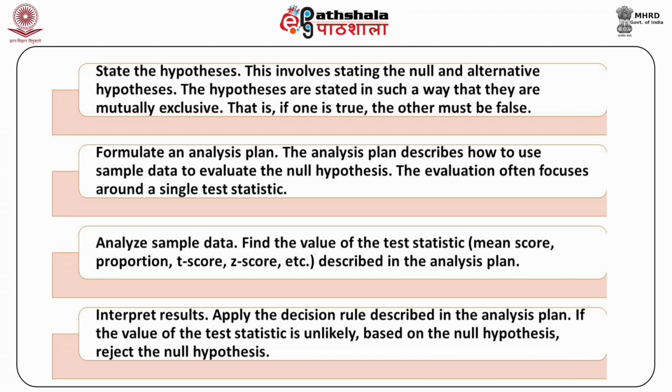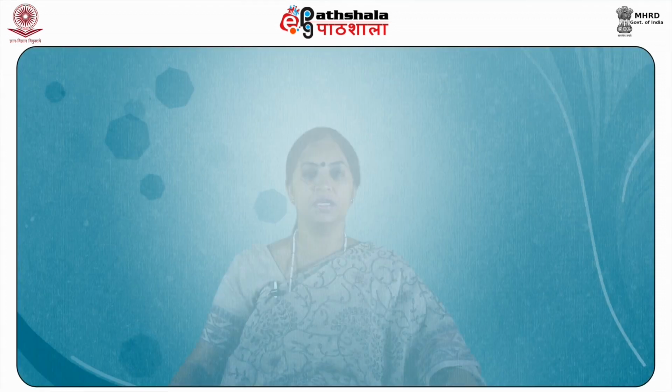Analyze sample data, that is, find the value of the test statistic, mean score, proportion, t-score, z-score, etc., described in the analysis plan. Interpret the results: apply the decision rules described in the analysis plan, and if the value of the test statistic is unlikely based on the null hypothesis, reject the null hypothesis.